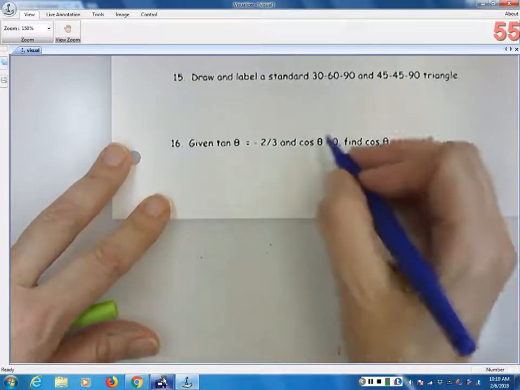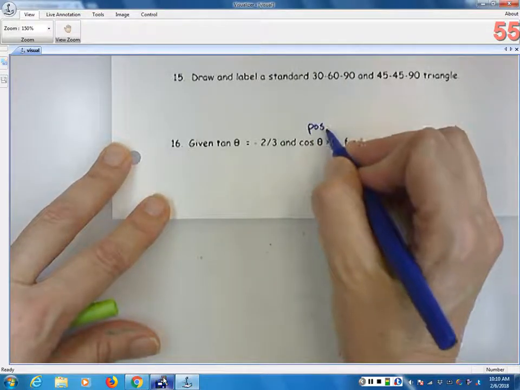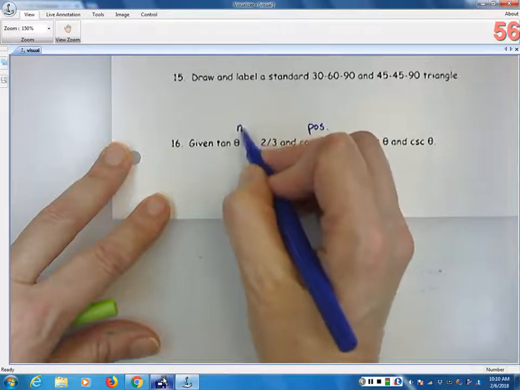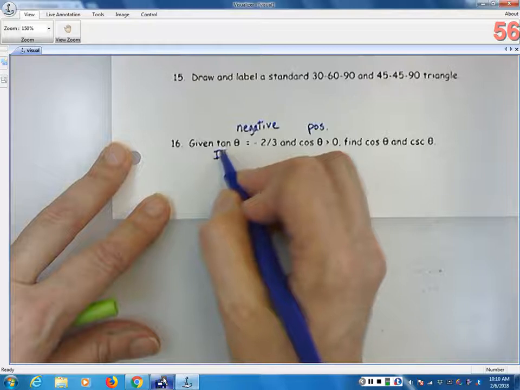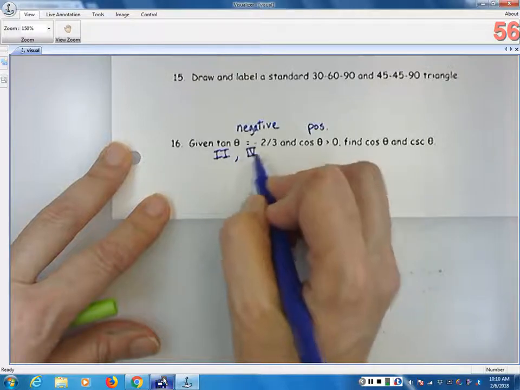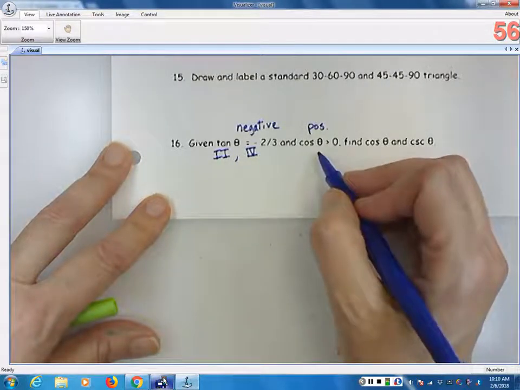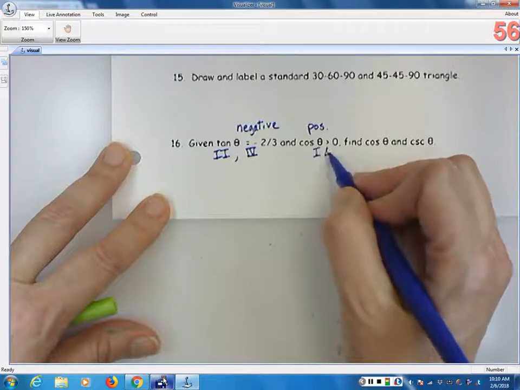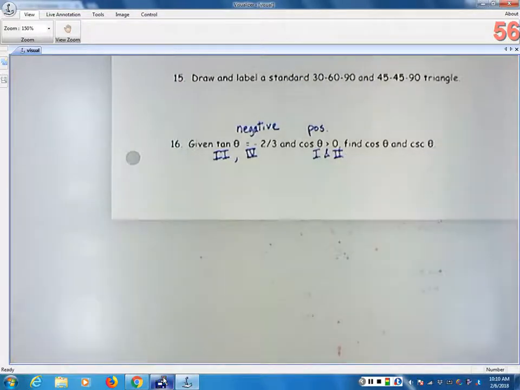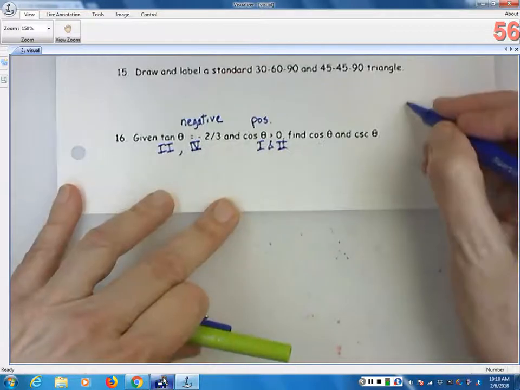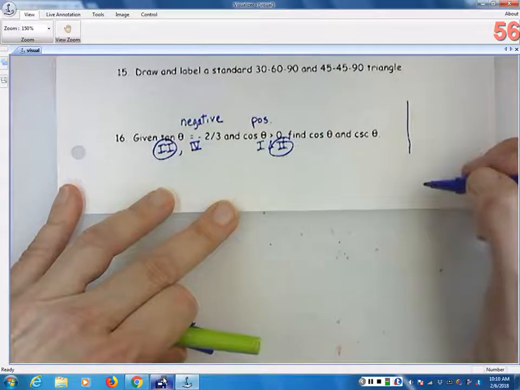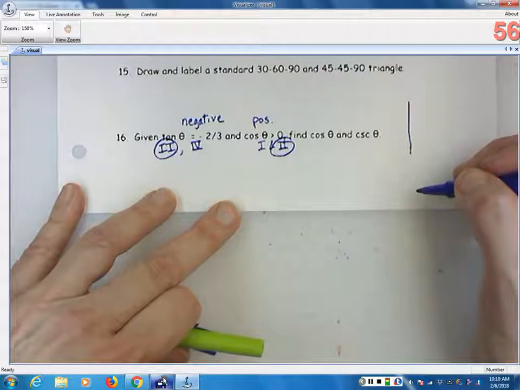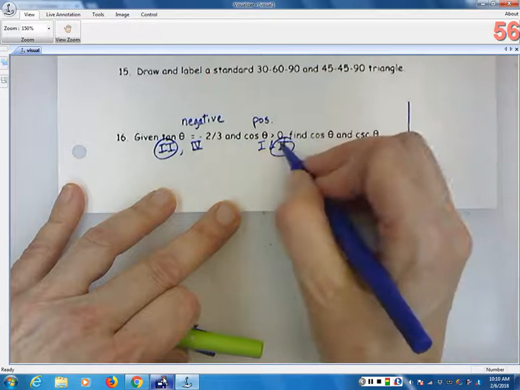Tangent is negative in quadrants 2 and 4, and cosine is positive in quadrants 1 and 4. So we're in quadrant 4.